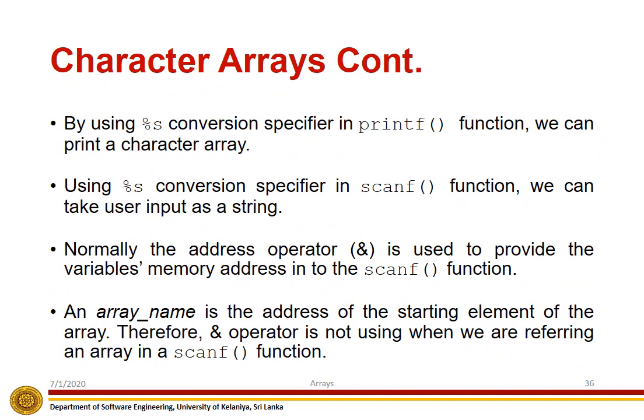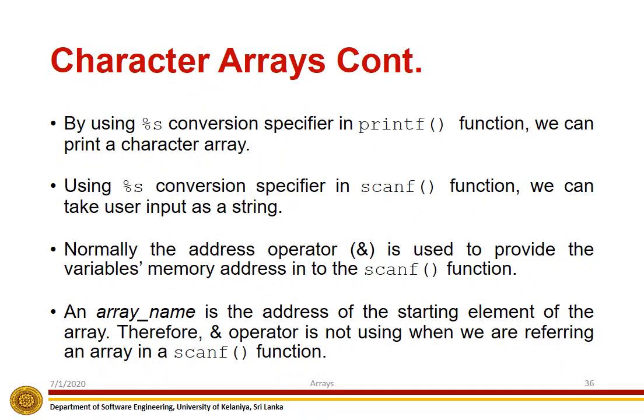By using the %s conversion specifier in the printf function, we can print a character array. Using the %s conversion specifier in the scanf function, we can take user input as a string. Normally, the address operator is used to provide the variable's memory address to the scanf function.